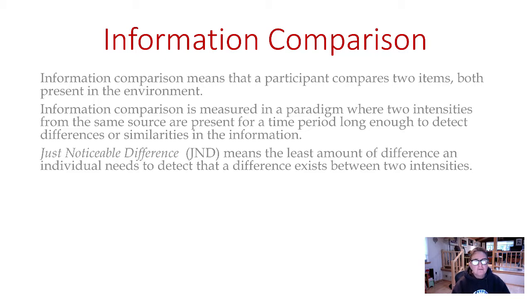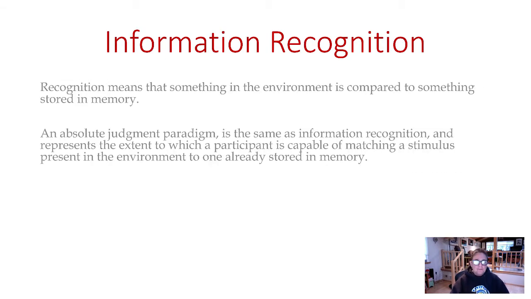The just noticeable difference represents the least amount of difference that's necessary for an individual to actually detect that there's a difference there, if in fact a difference exists between the two intensities.